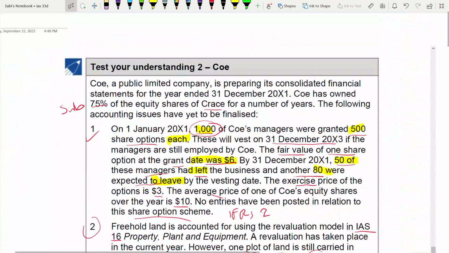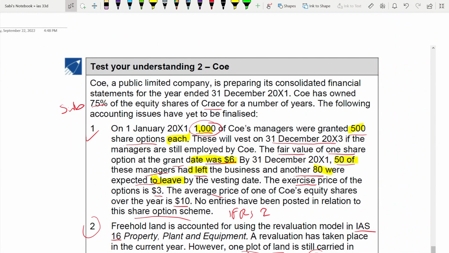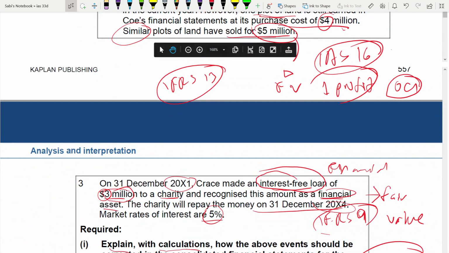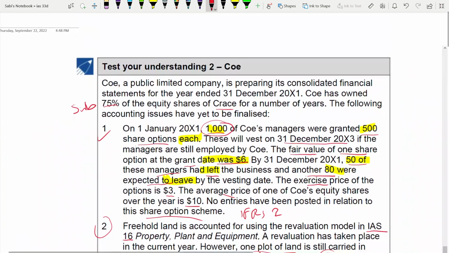Why? In the first and the second, it has to do with the parent. But in the third one, they are giving this interest-free loan. Craze made an interest-free loan of 3 million to a charity. This is about a subsidiary. Craze is the subsidiary here, and the parent co-owns 75% in the subsidiary.